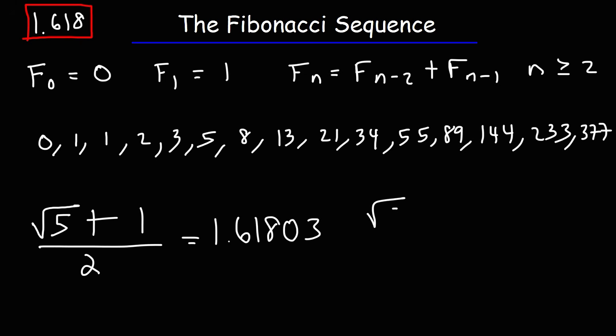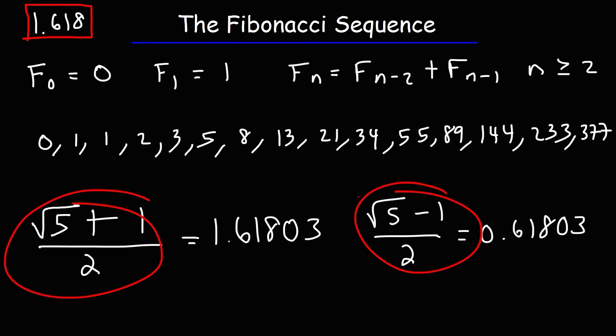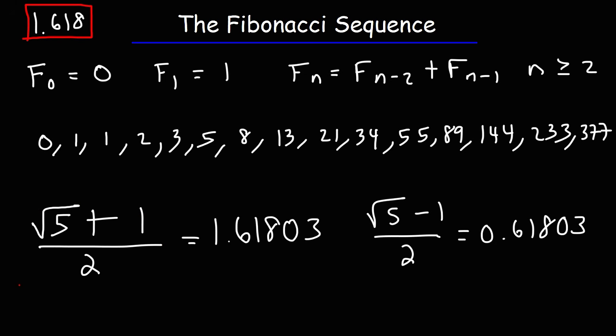And then if you take the square root of 5 subtracted by 1 and divide by 2, you're going to get 0.61803398887. Now, later in this video, I'm going to talk about how you can actually get those exact values. But that's where the numbers come from. So that's the exact value of the golden ratio.